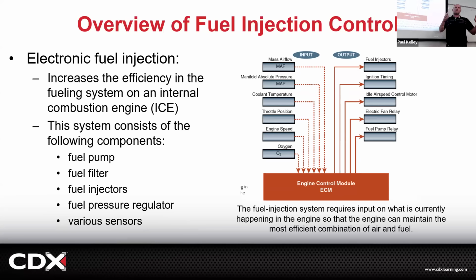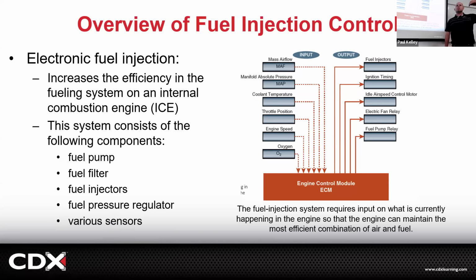So if you've got a car that's getting not enough fuel and too much air, it could be a weak pump. It could be a clogged fuel filter. It could be your injectors are dirty, right? So you've got to know that before you're even ready to start talking about, well, maybe it's these sensors. The sensors we're covering next time are a lot of inputs: mass airflow, manifold absolute pressure, coolant temperature, throttle position, engine speed, oxygen sensor.